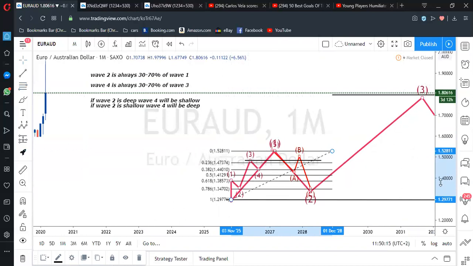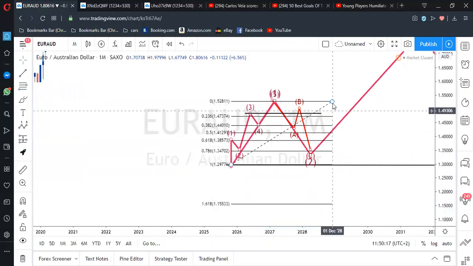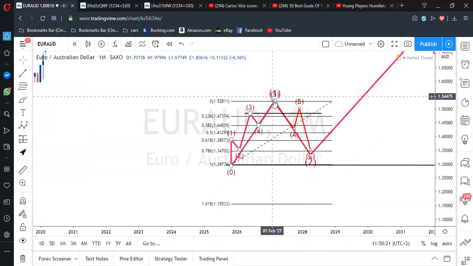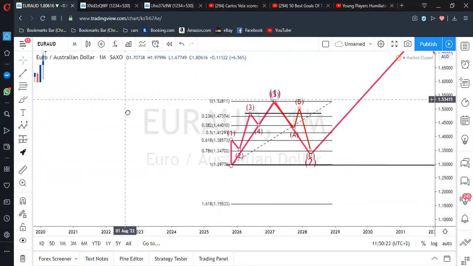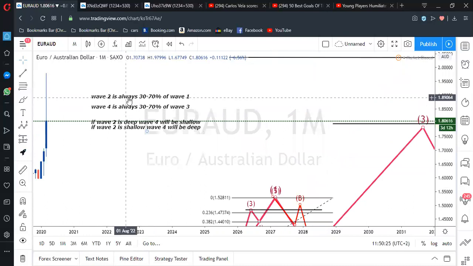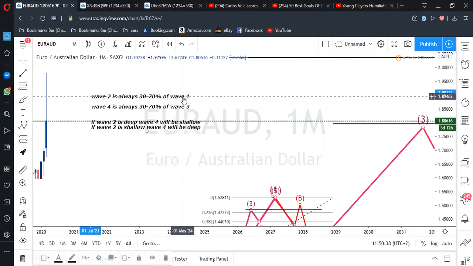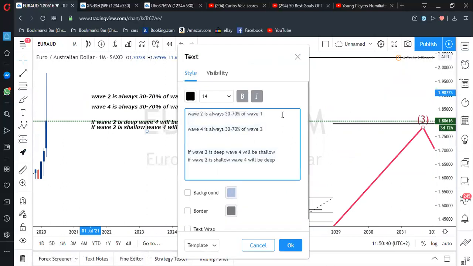Then you'd measure the retracement. As I said, wave two is usually always 30% to 70% of wave one.